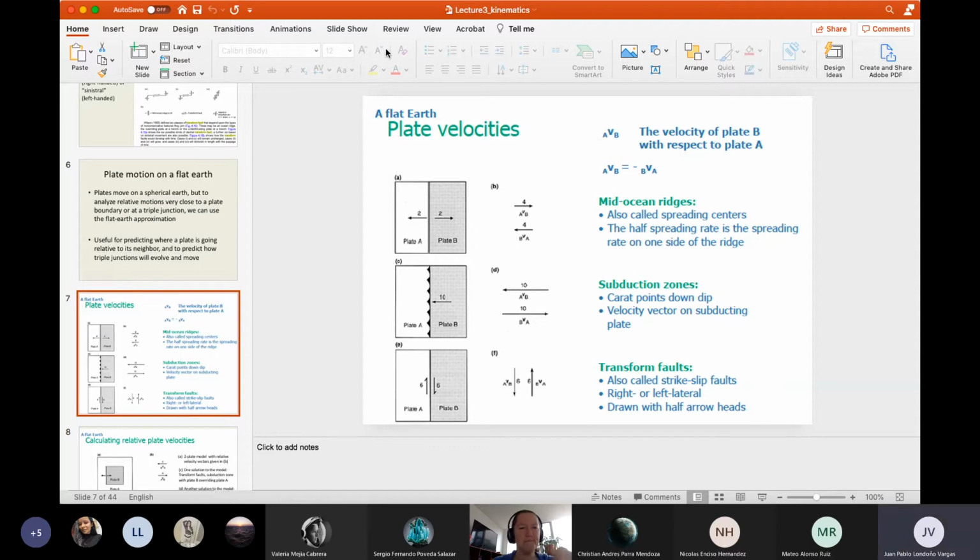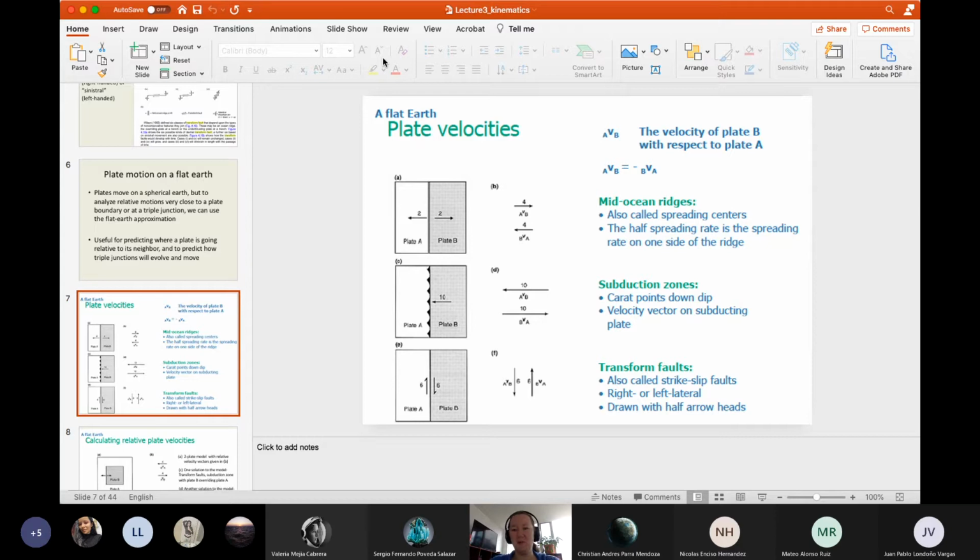Ah, no, no se está moviendo, de hecho. Está quieto. Okay, so that's the key point. Did everybody understand this? Plate A has the subduction zone attached to it. Where plate A goes, the subduction line goes. Okay, plate B goes under and it's moving, and I can fix this thing with the subduction zone and make plate B move. But if I move plate A, I'm also moving the subduction zone.